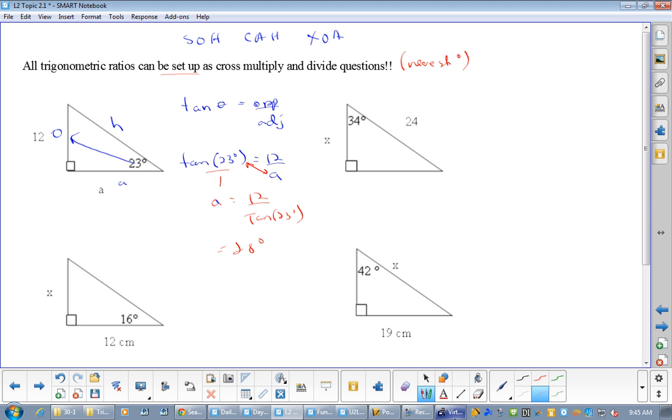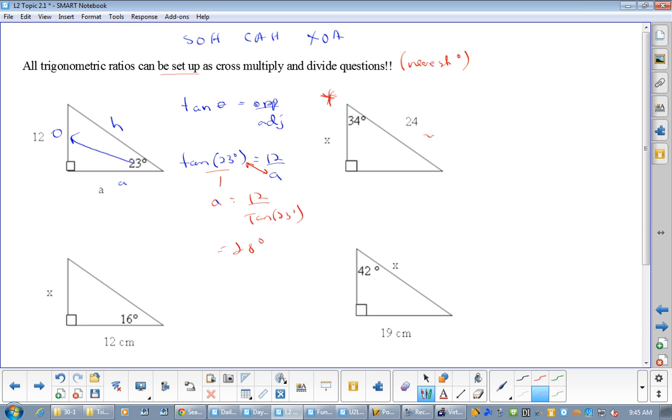Okay, now label this one. We're going to do this one here. Label it quickly. Oh, this one we're going to be using different ones. That's kind of good. Okay, so we're not just going to use tan. Now, what's the 24 clearly called?